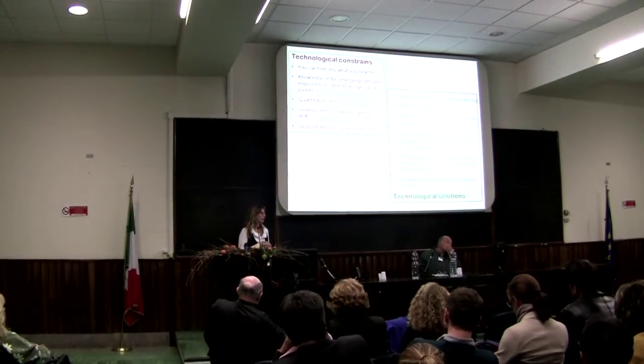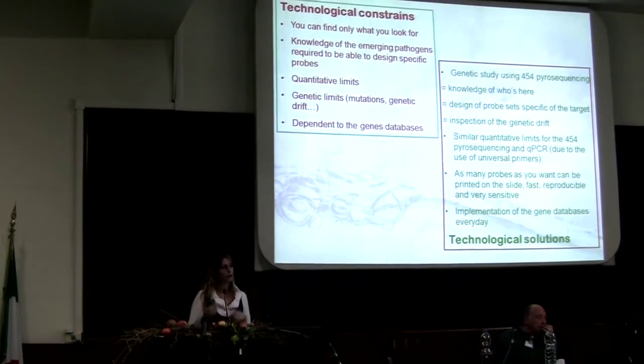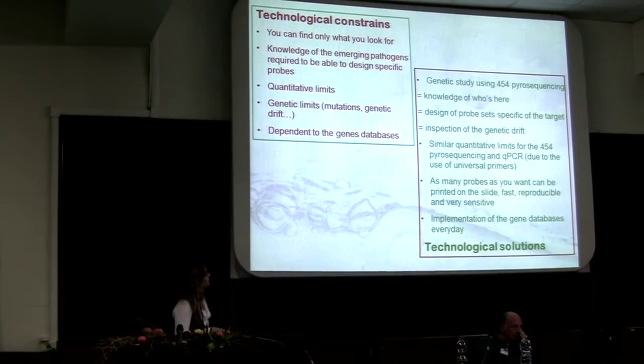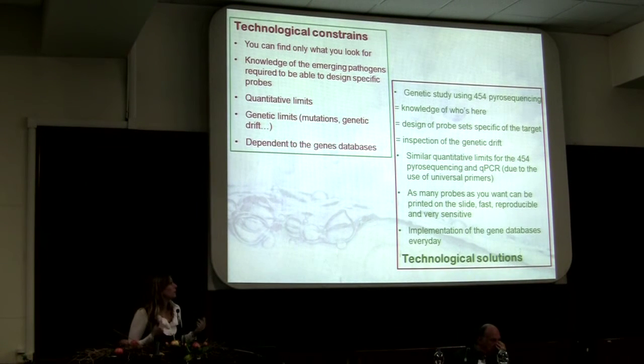And you can anticipate the genetic drift. If you do biosequencing regularly, you can see if there's some mutation in the target organism you're chasing. You've got similar quantitative limits for biosequencing and qPCR as for the microarray, because they're all molecular tools. So they all have the same constraint: you're looking for what you want to find. And there are some inhibition problems with the PCR approach.